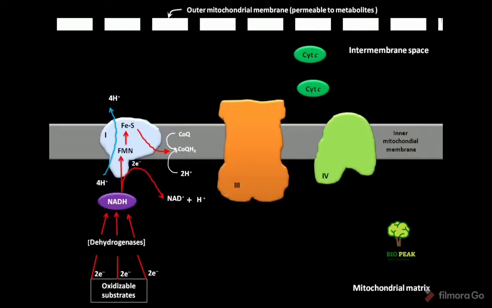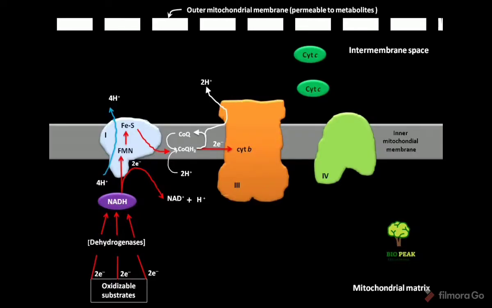CoQH2 releases its 2 electrons to another electron acceptor in complex 3 called cytochrome B. CoQH2 releases its protons into the intermembrane space or exoplasmic space and regenerates oxidized coenzyme Q.